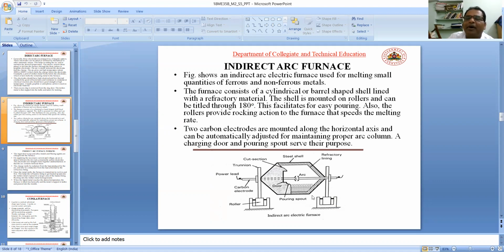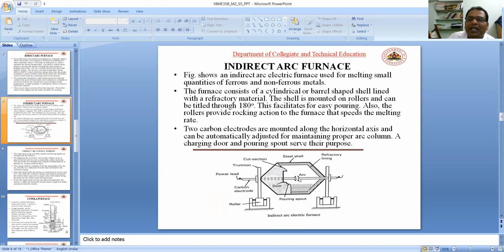The shell is mounted on rollers and can be tilted through 180 degrees. This facilitates easy pouring and cleaning. Also, the rollers provide rocking action to the furnace that speeds the melting rate.